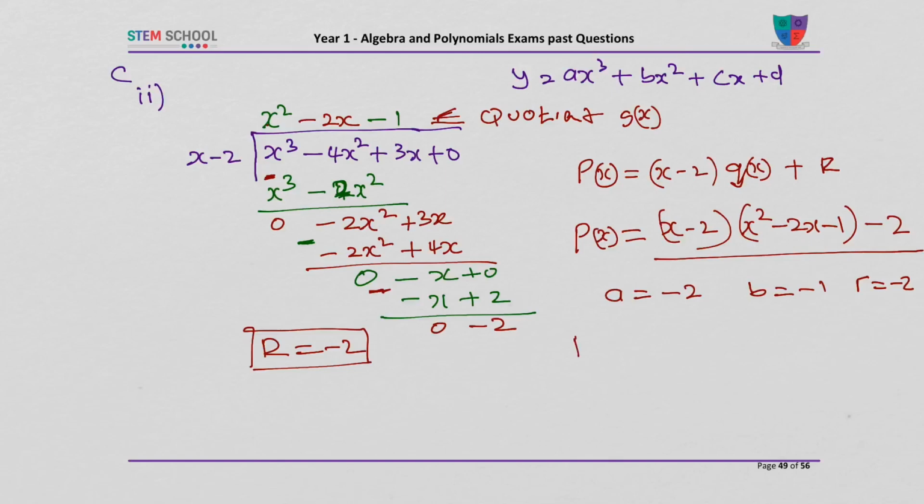Comparing to the question, which says p of x equals x minus 2 times x squared plus ax plus b, plus r, you can see the a, the b, and the r.